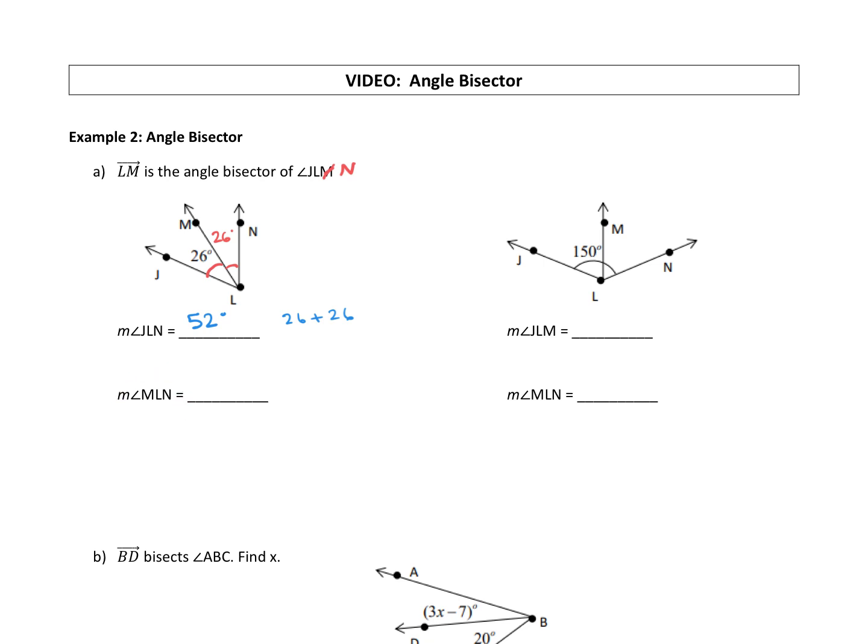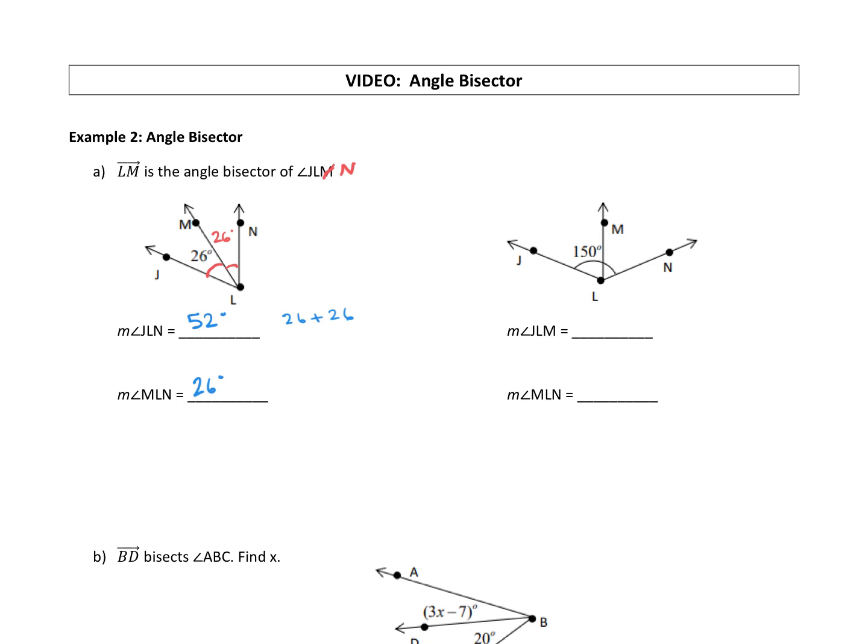All right, now we need to find the measure of angle MLN. So from MLN with L at our vertex, that is this smaller angle in here. We've already identified that's 26 degrees. We talked about that at the beginning when we knew we had an angle bisector and these two angles would be congruent. So we already know that's 26 degrees.